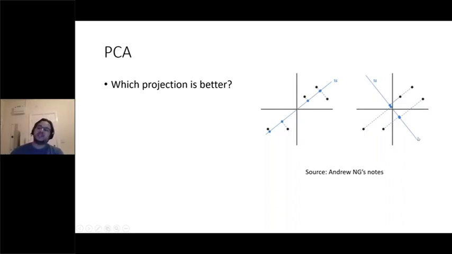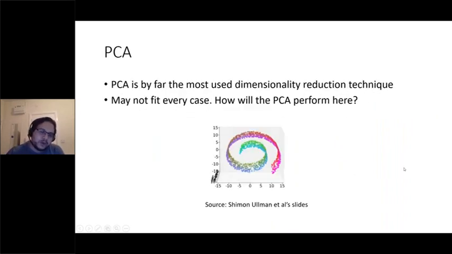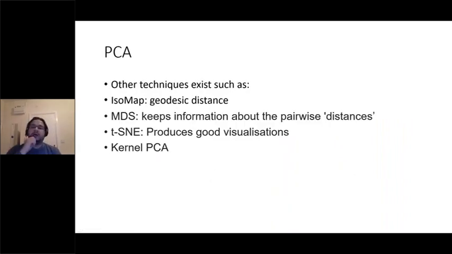So the MDS tries to transform these points, this 2D space, into a lower dimensional space, but it keeps the distance intact between all the points. The distance is how different they are from each other. We are not going to study the MDS here, just to know that it exists and it keeps the distance between each pair of data points. Pairwise distance is kept, and this is important information in my data set.